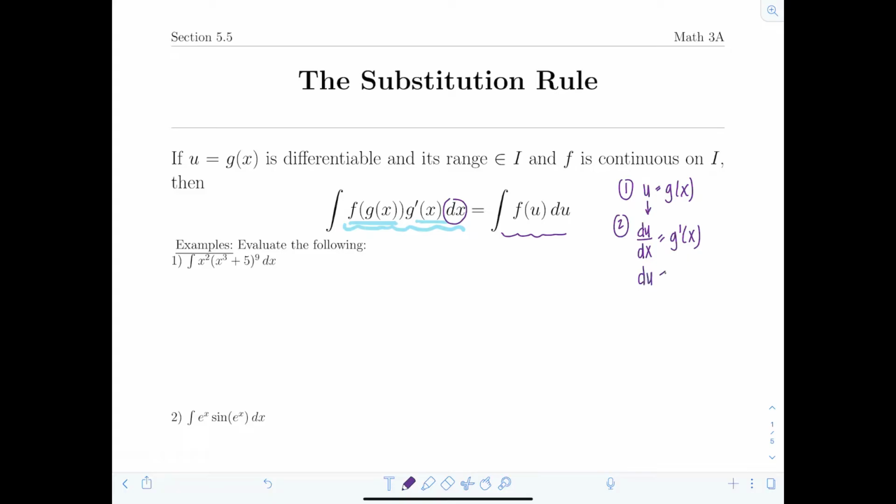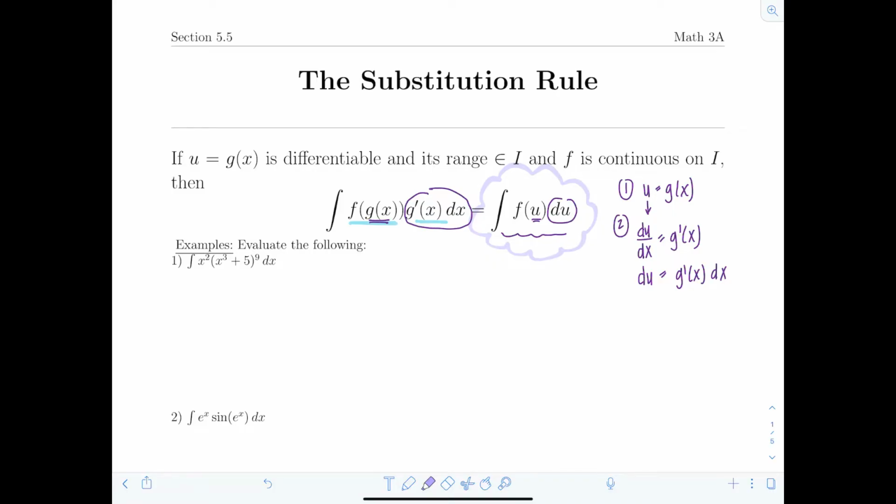And so du is equal to g prime of x dx. And you can see that substitution happening here, right? So g prime of x dx gets replaced with du, and then f of g of x becomes f of u. And then we anti-differentiate this easier, less intimidating integral over here, and then go back and substitute so that our final answer is in terms of x.